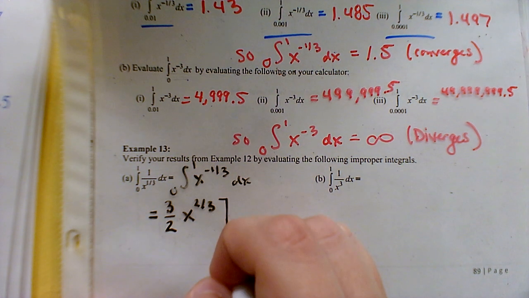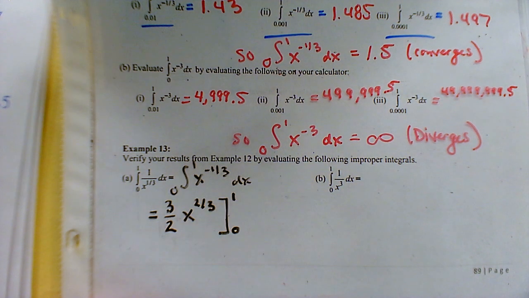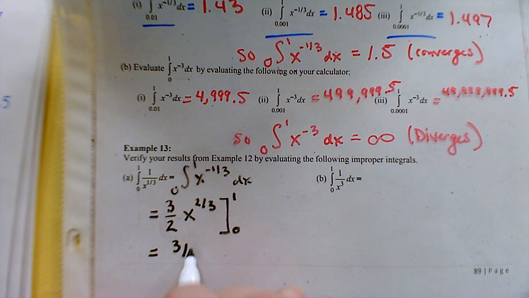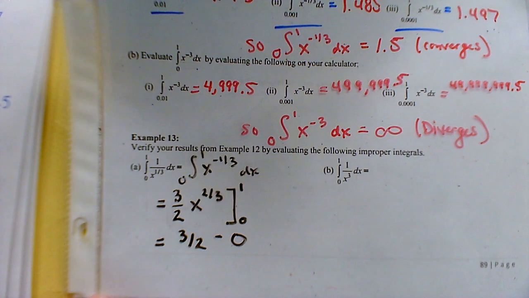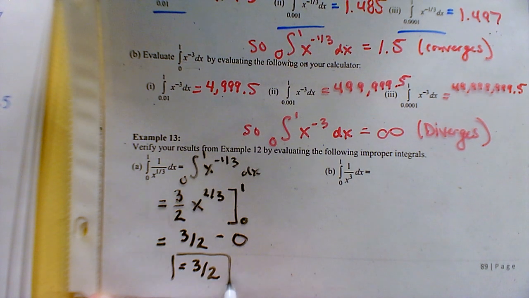All right, and our bounds are from 0 to 1. If you plug in the top bound, you get 3/2. Plug in the bottom bound, you get 0. So it looks like our area value is 3/2, which is the same as the 1.5, right?